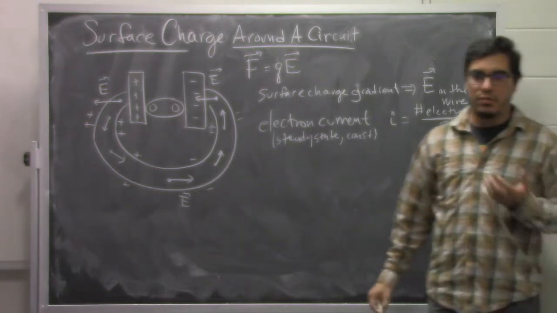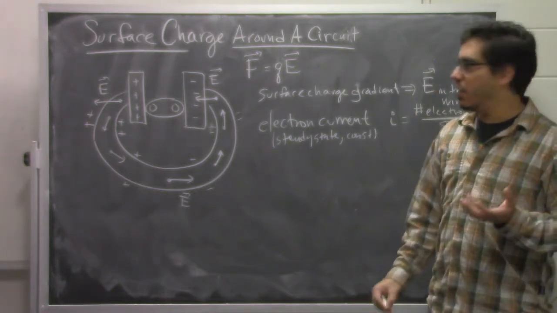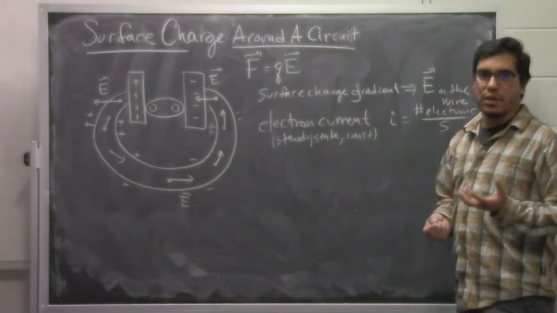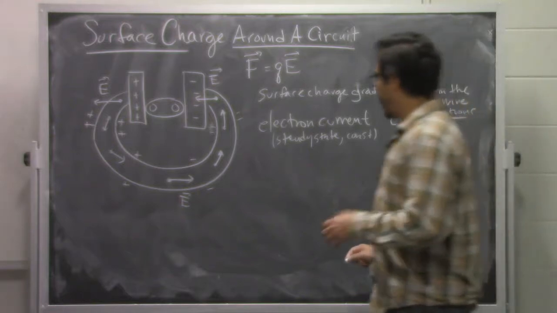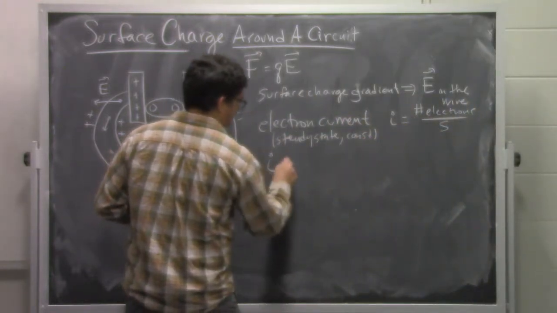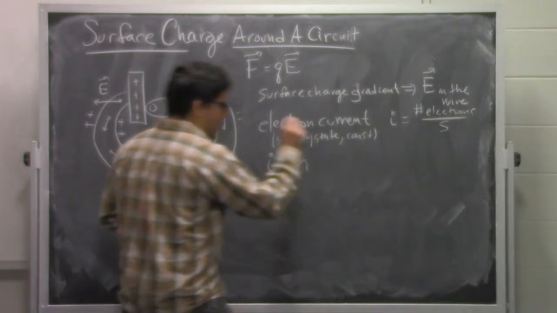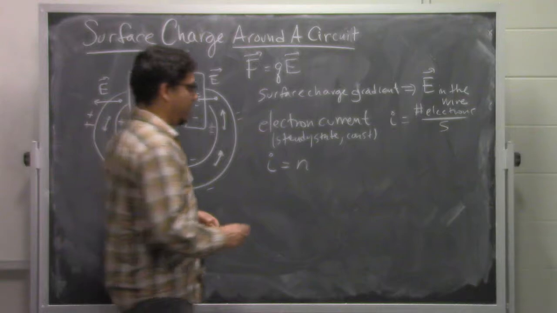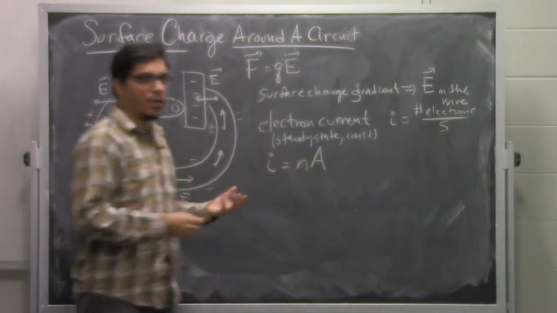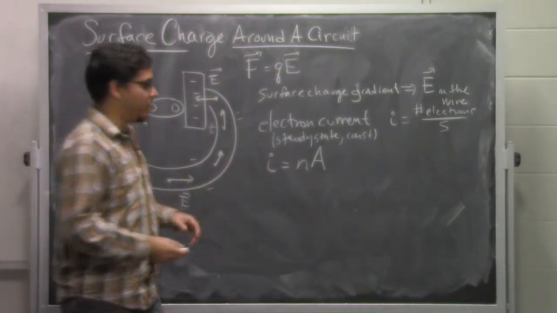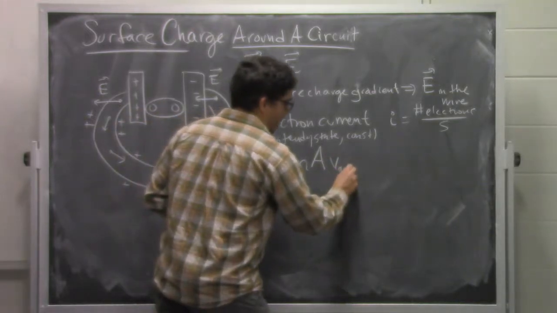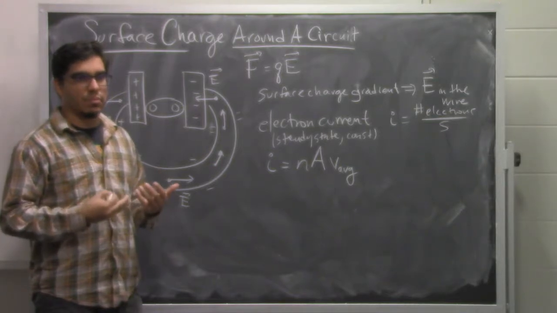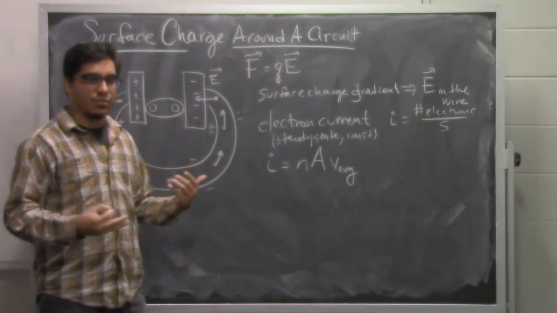Now, this electron current is also related to some properties of the wire itself and how those charges are actually moving. We'll get into details on that in one of the next videos, but the idea is that this electron current has to do with the number density of charge carriers, that is, how many electrons are actually available to move around, how thick the wire is (the thicker the wire is, the bigger the electron current one can drive), and how fast, on average, those electrons are moving, because they don't actually move at the same speed, as we're going to see in a moment, but there's some average velocity with which they move.